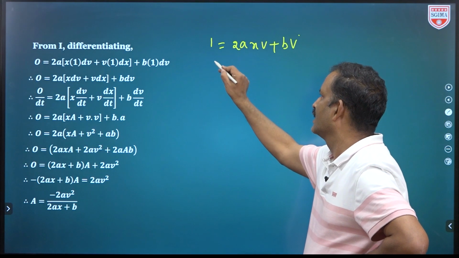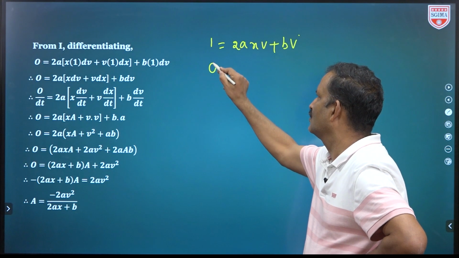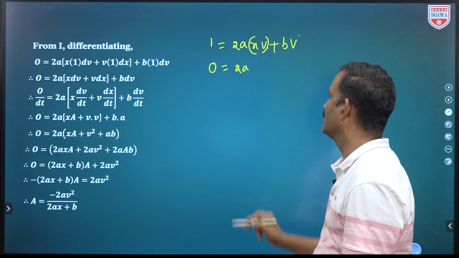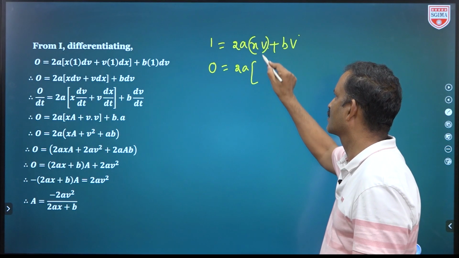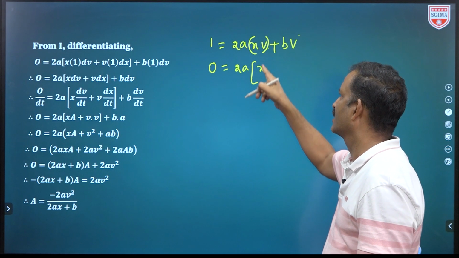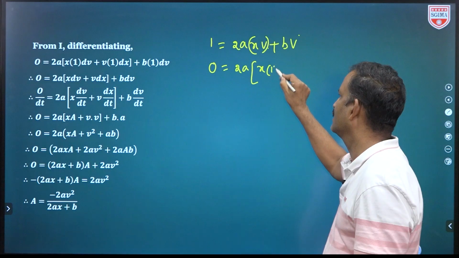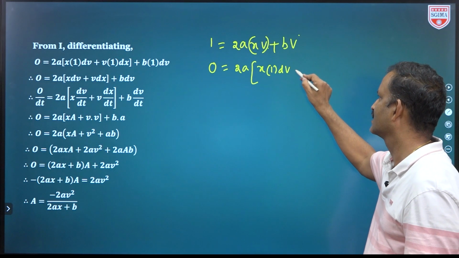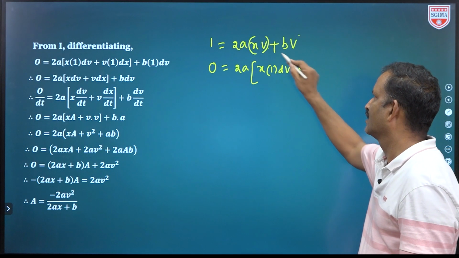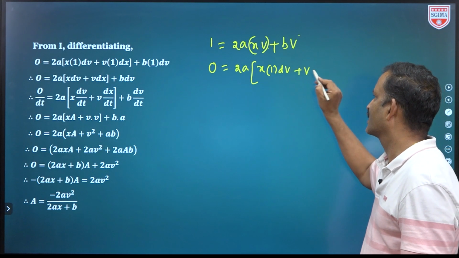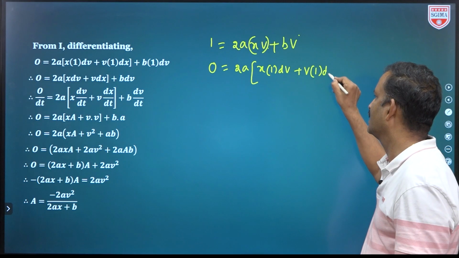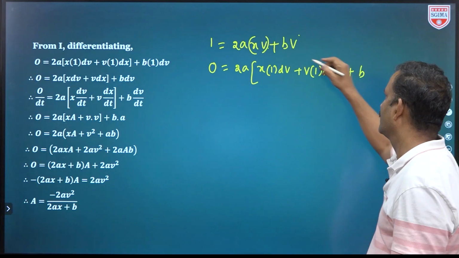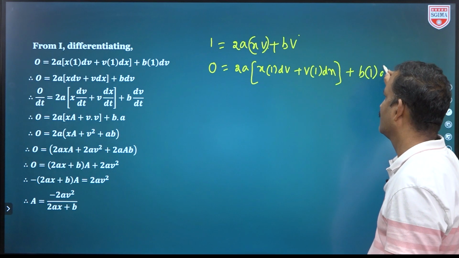Now, again differentiation: 1 differentiation 0, 2a, and again x and v both are variables. You have to use the product rule: x you place here, v differentiation dv, I am doing differentiation of v, plus v and x differentiation dx, plus b, v differentiation dv.